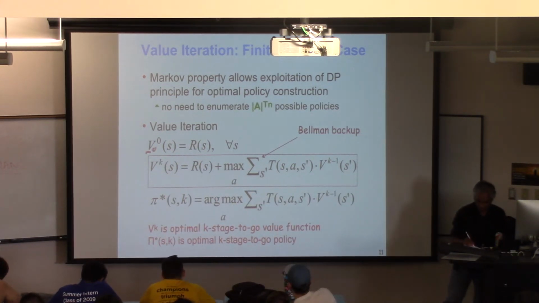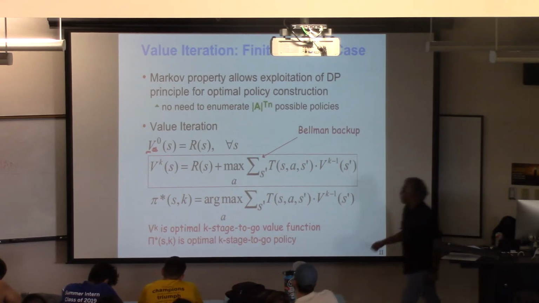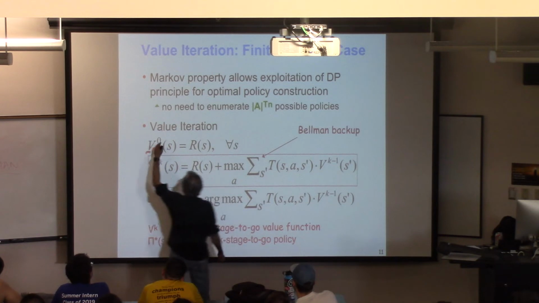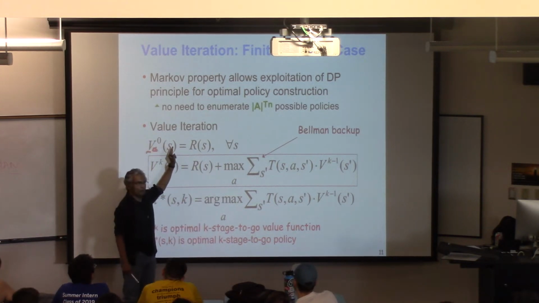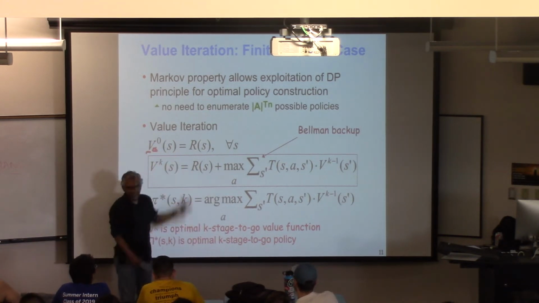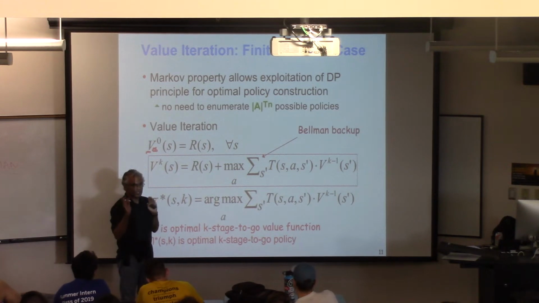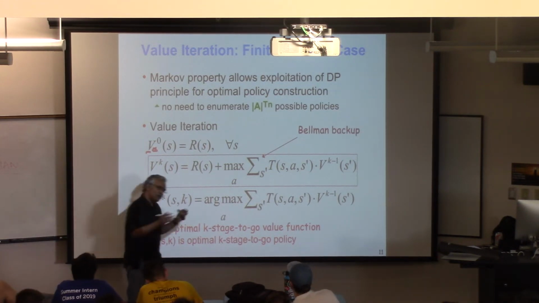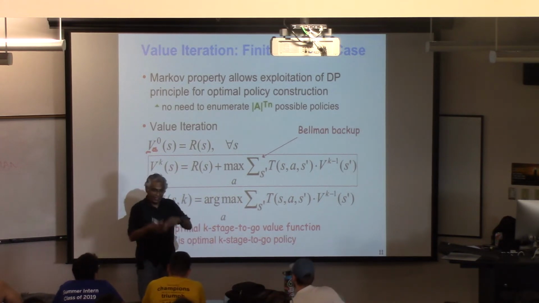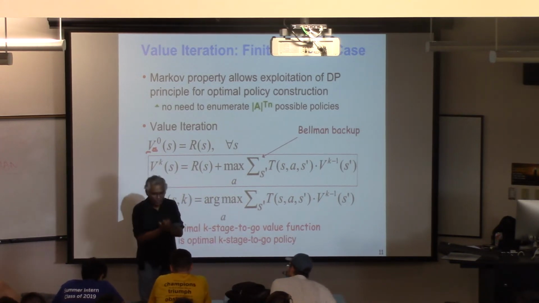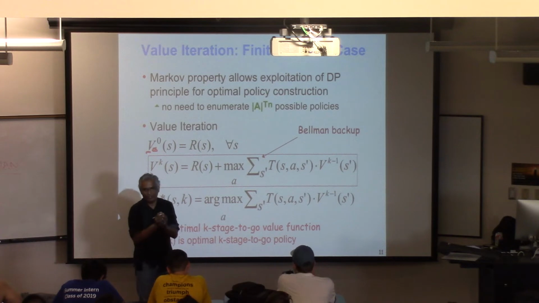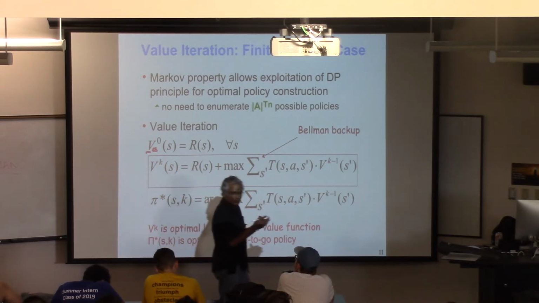So I can also put V star, different notations for optimal. In this particular case, optimal value with 0 steps to go of a state is still its reward. That's a good thing. You agree? Whether you're following a policy or not, if you're dying right now, then what you got in this state is the value of this state.